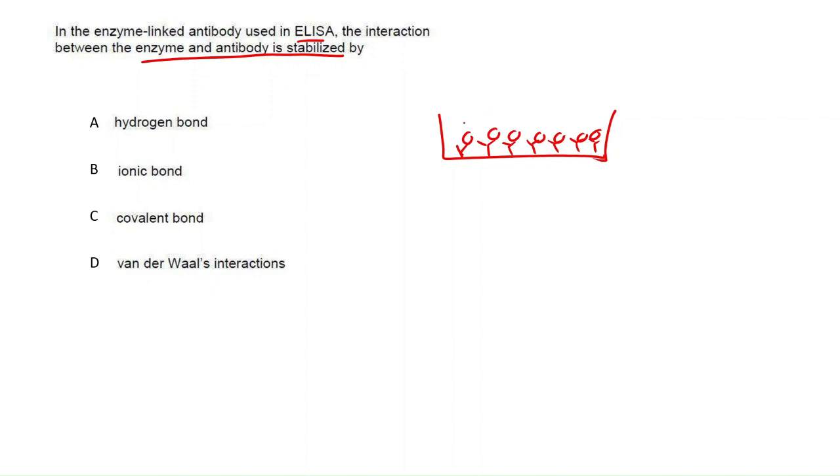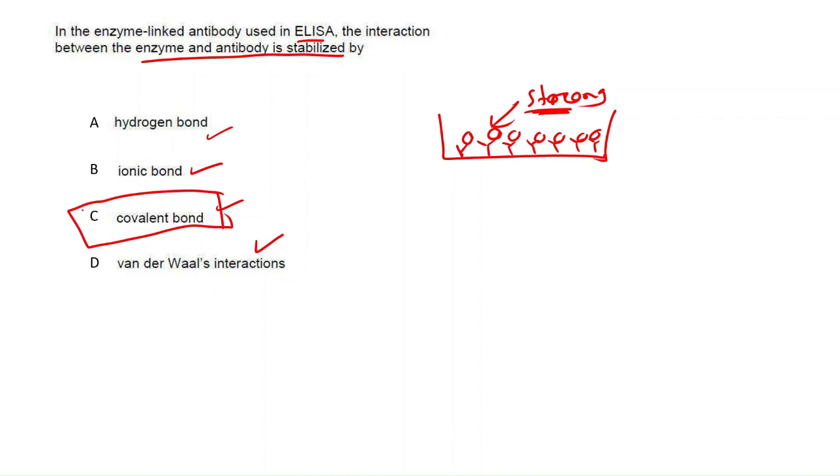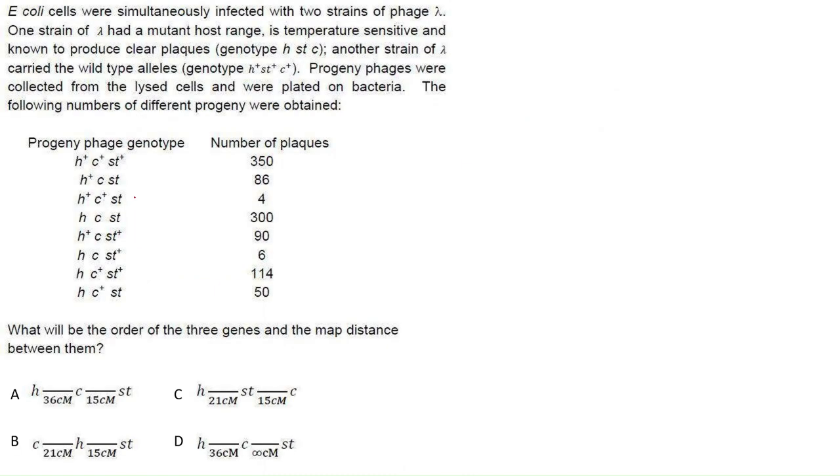So this interaction should be a very strong interaction. Which bond is the strongest: hydrogen, ionic, covalent, or van der Waals? All of you know covalent bond is the strongest bond. So the interaction between enzyme and the antibody will be a covalent interaction.